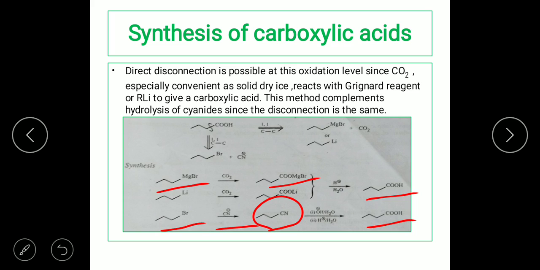So the alkyl cyanide is going to be generated, and this on acid hydrolysis is going to give rise to the acid. You can make use of either disconnection A or disconnection B. Both are correct, and you can write the synthesis for this, which is ideal. So this is about the CC disconnection, that is the 1,1 disconnection for alcohols, carbonyls and carboxylic acids.